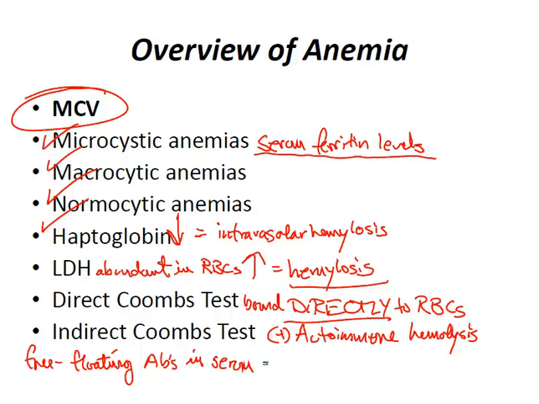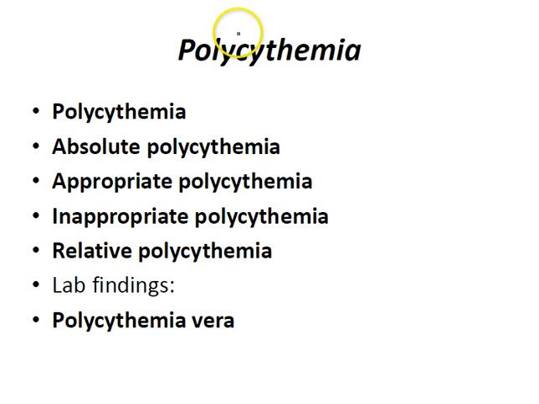So now let's talk about polycythemia. Polycythemia is an increased hematocrit, hemoglobin, and RBC count. That's what it is.